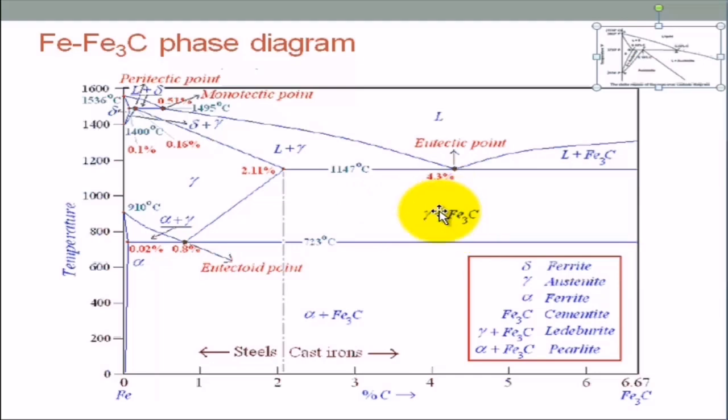And below, the other line is the eutectoid temperature line. Every alloy will consist of a mixture of ferrite and cementite, depending on carbon content. It's common practice to divide the iron carbide diagram into two parts.